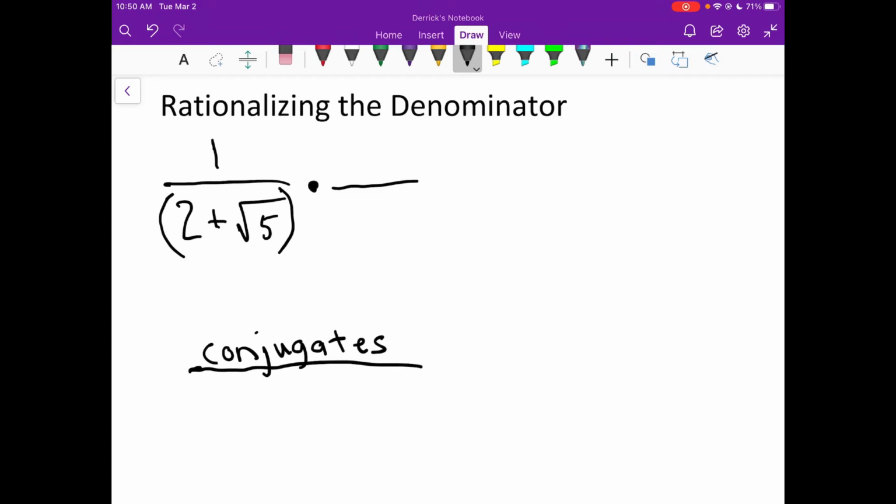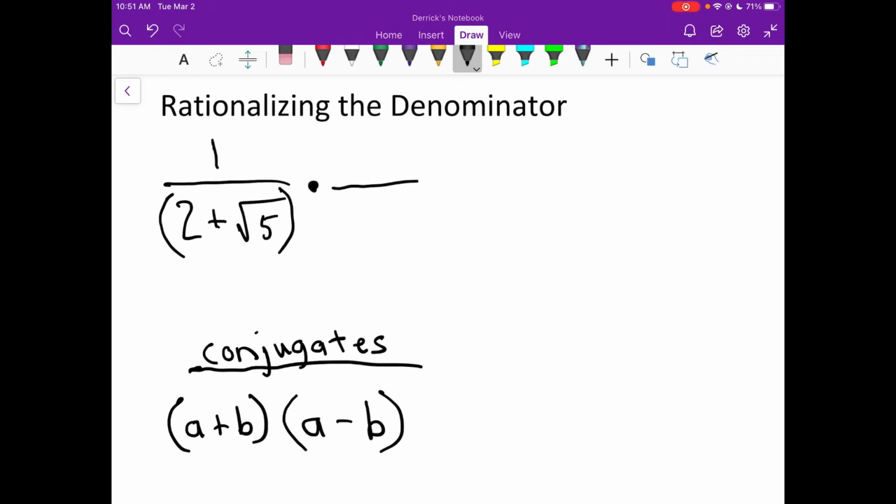Basically, the idea is if you have a binomial of, say, a plus b, its conjugate would be a binomial of a minus b. Now it's important you recognize this is not opposites, right? If it was opposites, I would have just called it that. This is something different, that's why we have a different term.